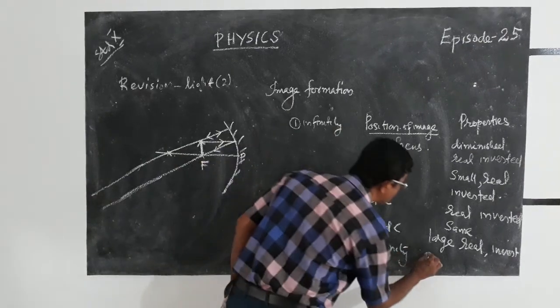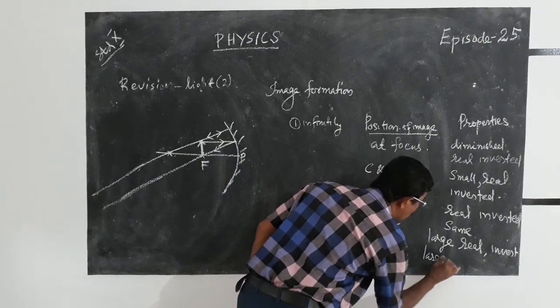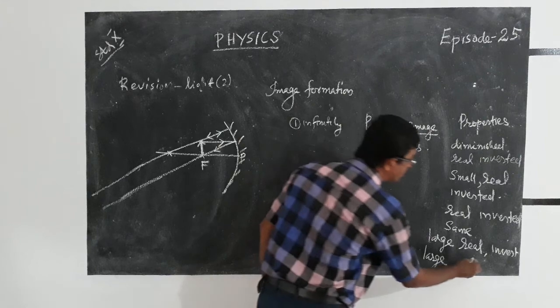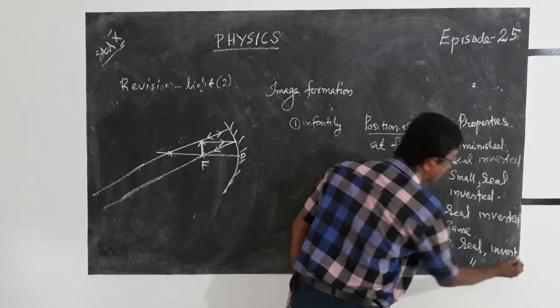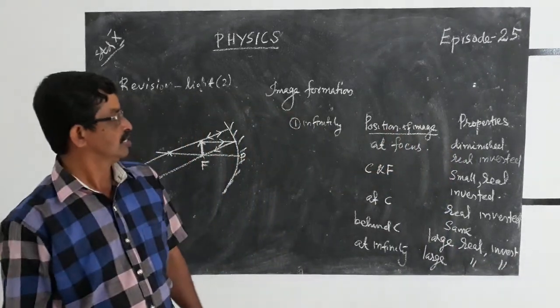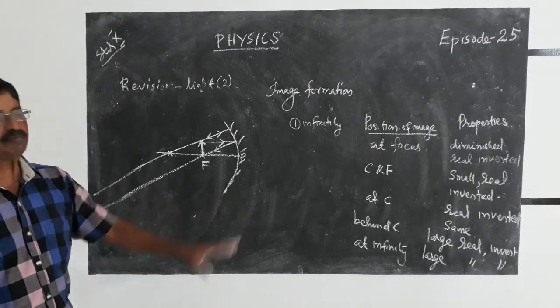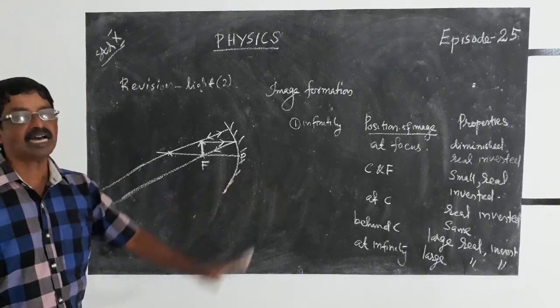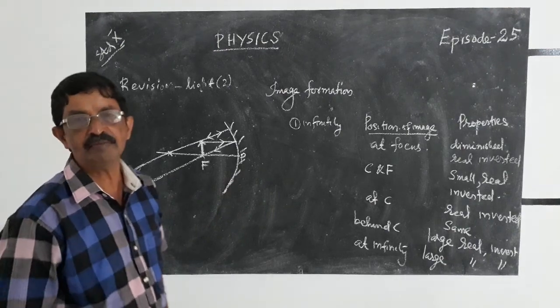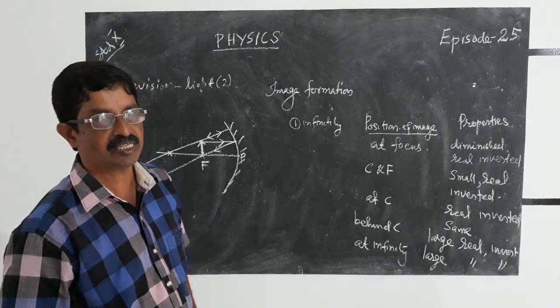We get a very large image. It is also real and inverted. That means the image we get at infinity is a very large, real and inverted image.